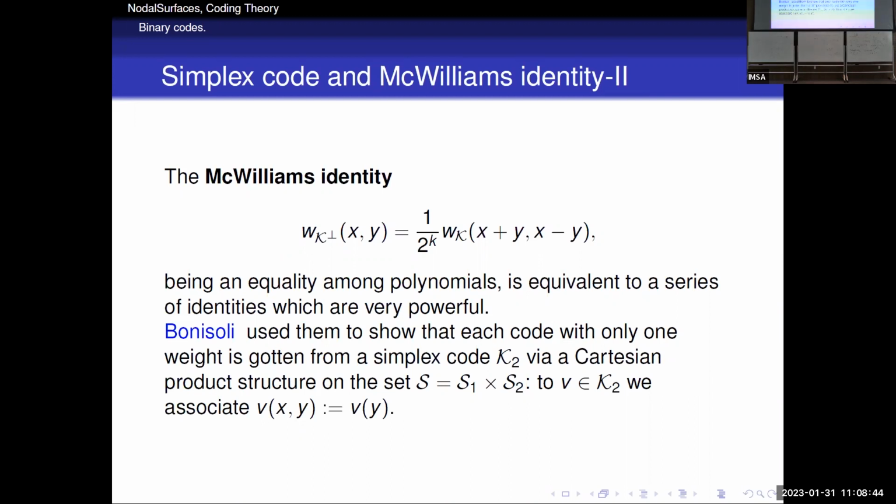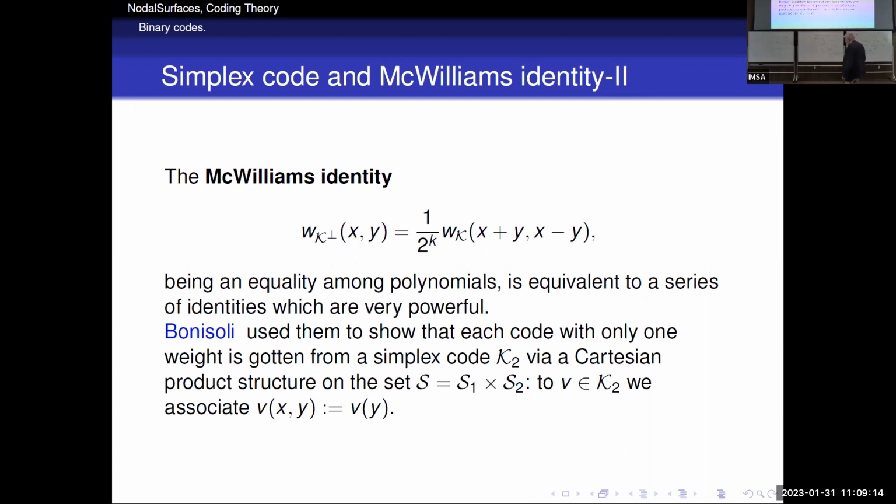Essentially means the following: you get a simplest code as functions on S2, and then your set can be written as a Cartesian product S1 times S2, and to a function V in the simplest code, you associate a function of X and Y, which is just the given function of Y.